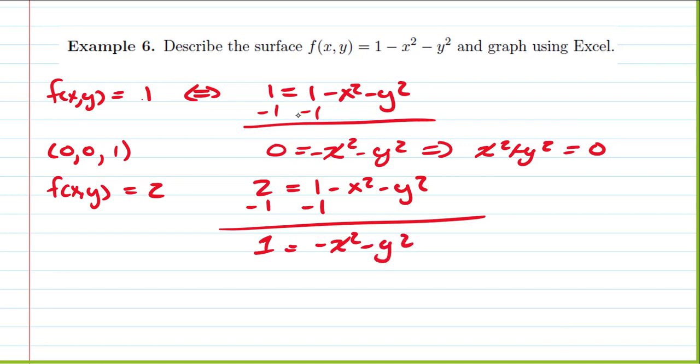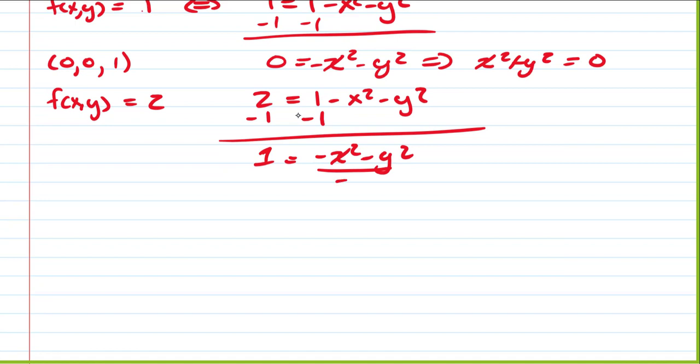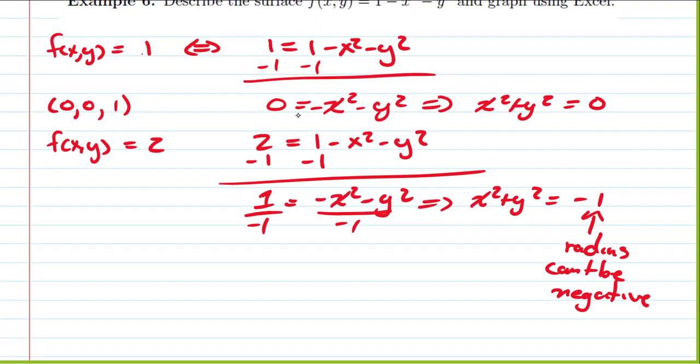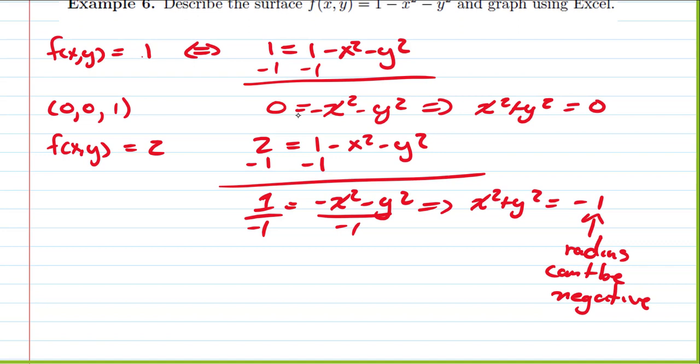And we notice here that we're going to have a little bit of a problem, because if we divide by negative 1, we get x squared plus y squared is equal to negative 1. This is the equation of a circle, but the radius can't be negative. So this one is not actually on the graph. So this one does not exist. So we know increasing doesn't help, so let's go in the other direction.